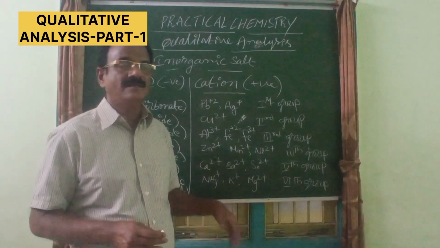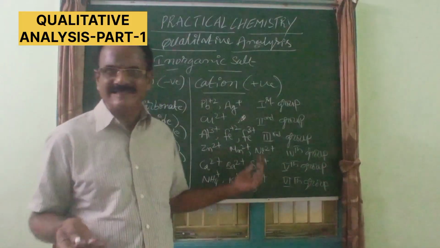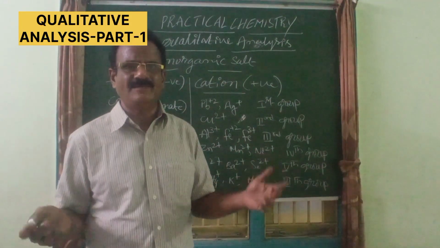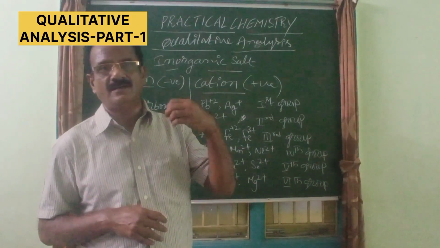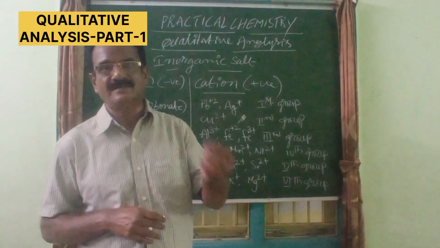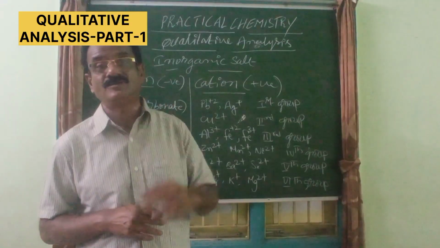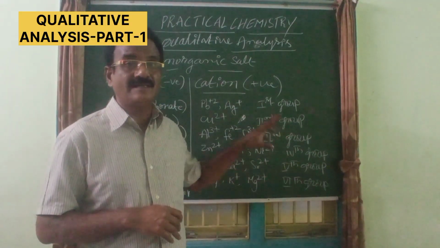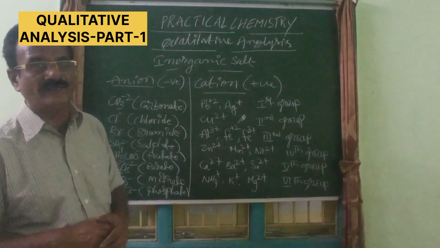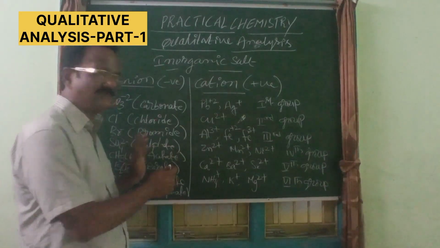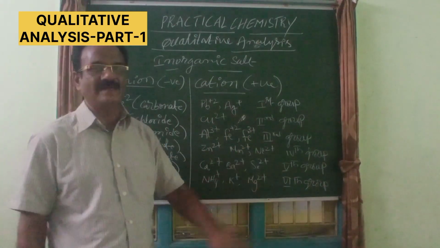Is it clear? Other than these ions there are several ions, but according to the syllabus of senior inter, class 11, class 12 and UG students, these are the cations given for analysis. These are the set of anions and these are the set of cations.